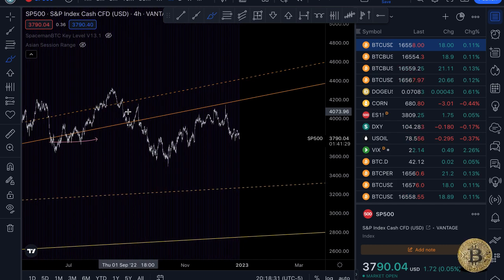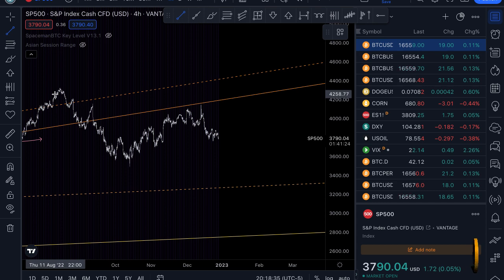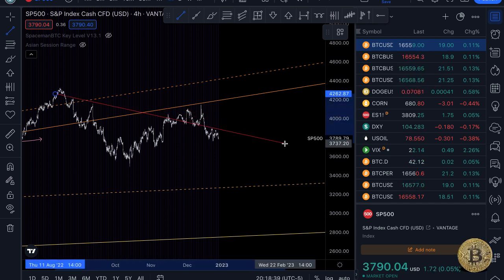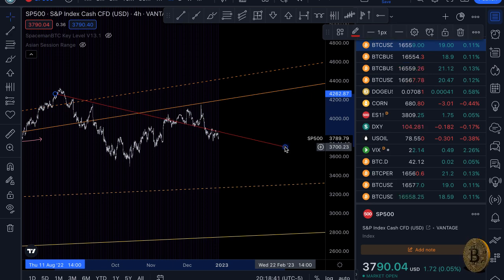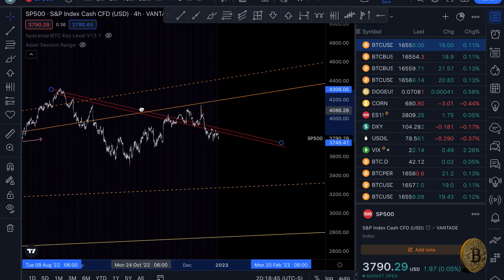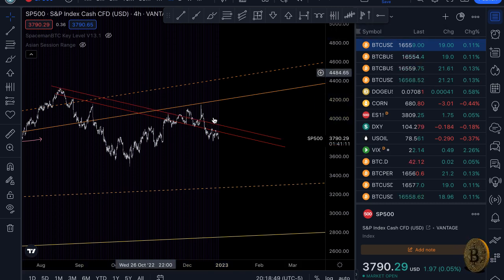You can see another head and shoulders pattern here to the upside. Something like this would be another area of support and resistance. Right now it's acting as resistance, you can see.